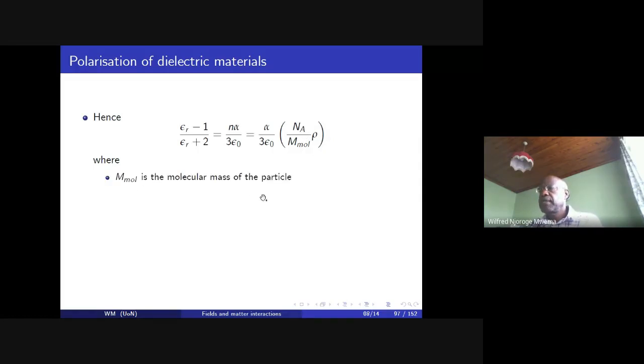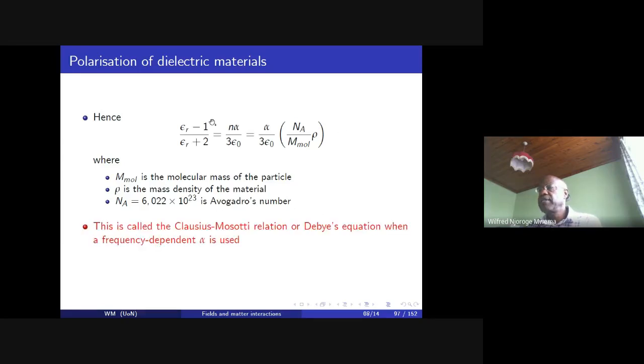So this is given down below, and rho is the mass density, while that is the Avogadro's number. You can recall this from physical electronics, where we were dealing with the bonding or the crystals, so to speak. This expression is usually called the Clausius-Mossotti equation.